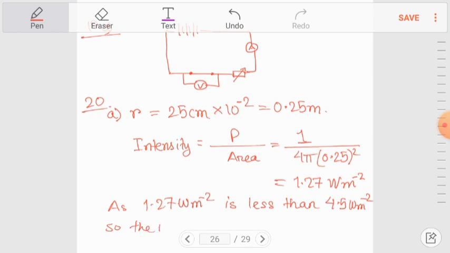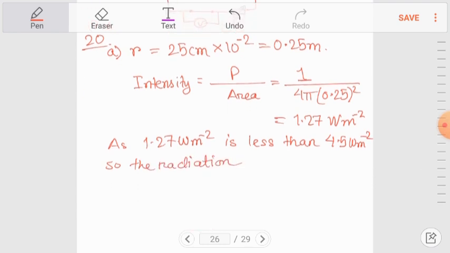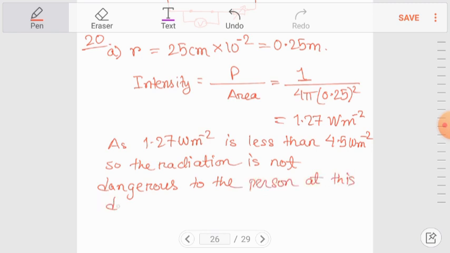So the radiation is not dangerous to the person at this distance.